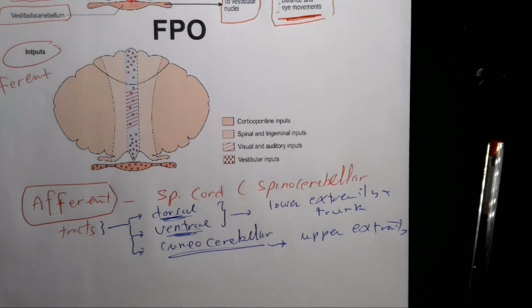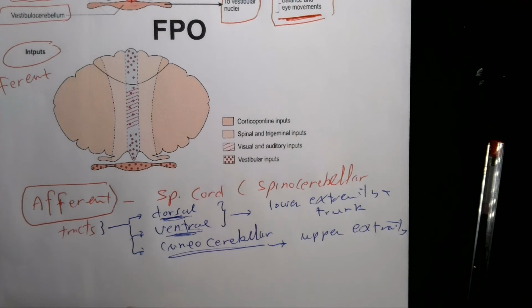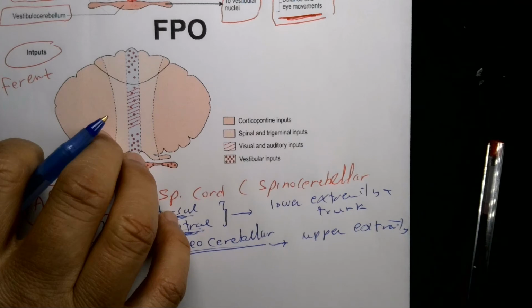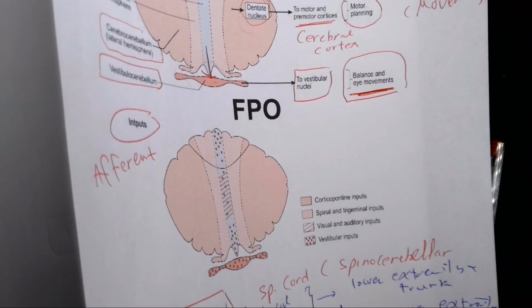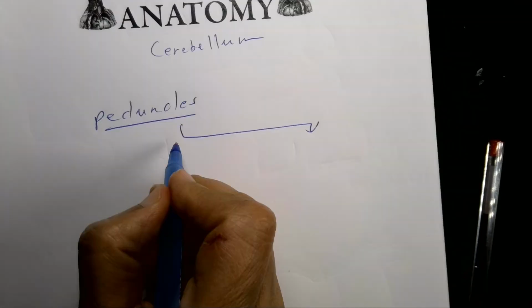And this is something I should point to. Those peduncles are the arms which connect the cerebellum to the brain stem. So since I'm talking about peduncles, I'm sorry if I missed it at the beginning. You have three cerebellar peduncles.